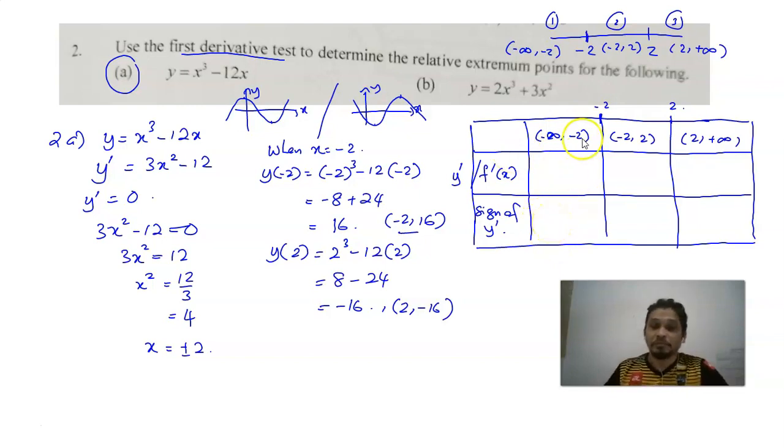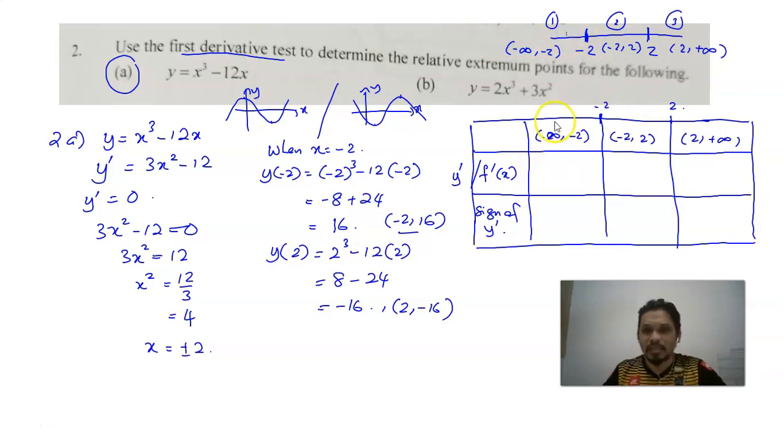Now let's choose any values of x that lie in the range from negative infinity until negative 2. So this is negative 2 and this is 2. Any number that lies from negative infinity until negative 2, we choose negative 3, for example.